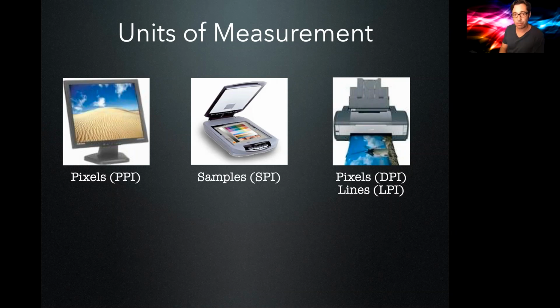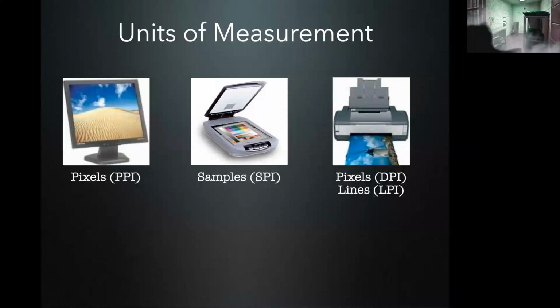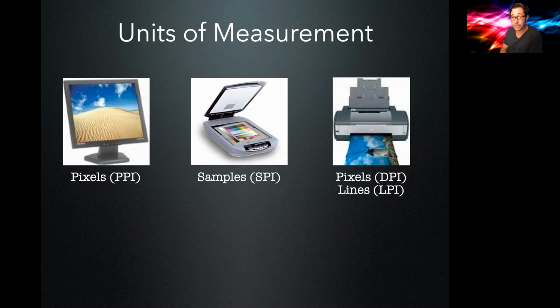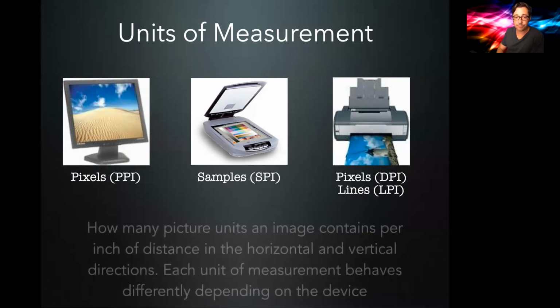DPI, we're talking about print, although people use them interchangeably, and you'll catch me using them interchangeably, DPI and PPI. But the truest definition of DPI has to do with print. It's dots per inch, not pixels. We also have lines per inch. And then in the scanning world, we talk about SPI, which is samples per inch.